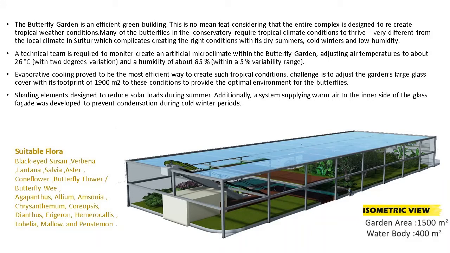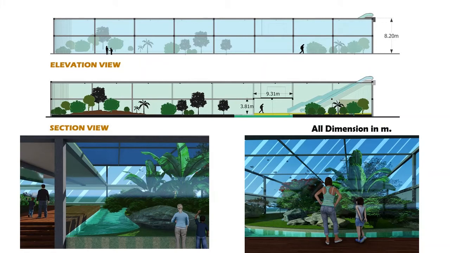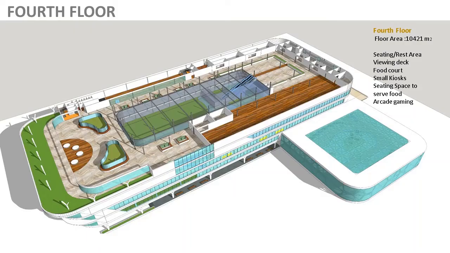So skylight is provided from the roof, and additionally a system supplying warm air to the inner side of the glass facade will be developed to prevent the condensation during the cold winter periods. In the next slide there is an elevation view of the butterfly garden, and the next drawing is a section view of a butterfly garden.